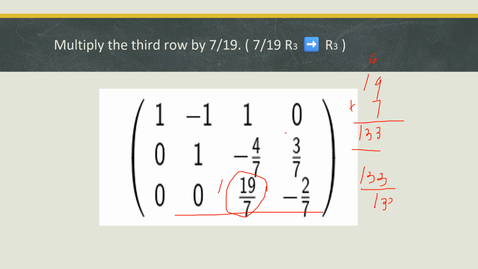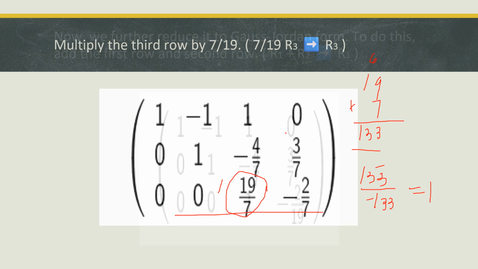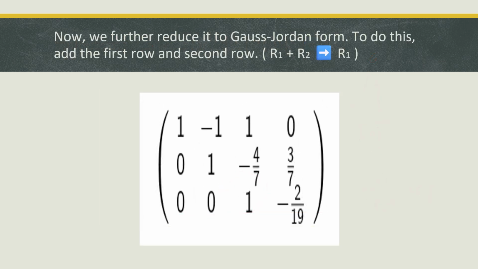Because they have the same value of the numerator and denominator. And we multiply the 7 over 19 to negative 2 over 7. As a result, this is our new row 3: 0, 0, 1, negative 2 over 19.